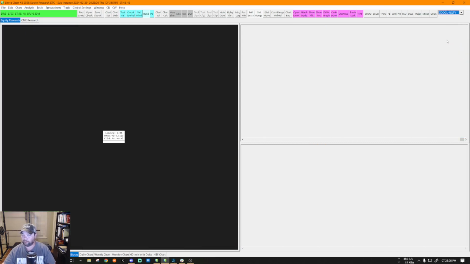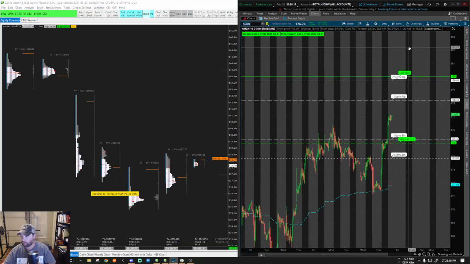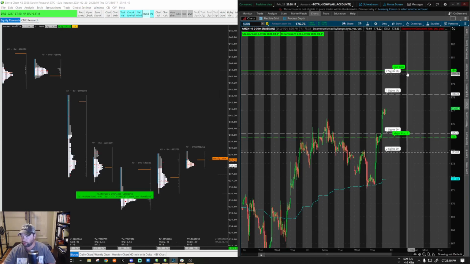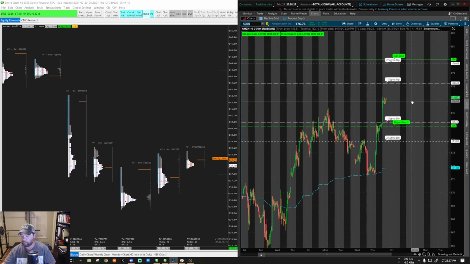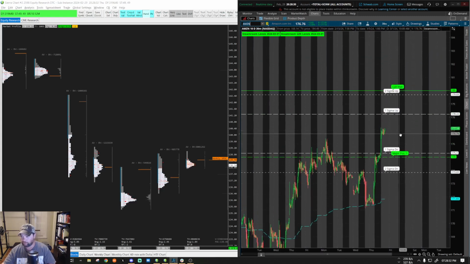Something to think about there. Okay, so we're above this positive wall, which I don't know, this could have been the call wall previous. We could have moved all that gamma up today. I wasn't really paying attention to it, but this chart looks great for continuation long.